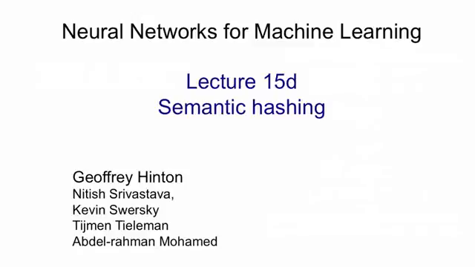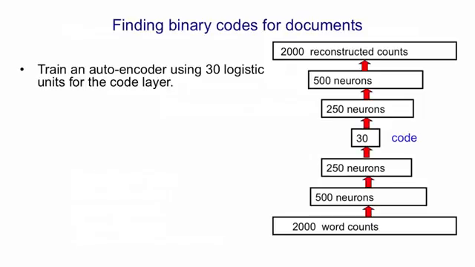We're going to start by looking at the equivalent problem for documents, but then we're going to apply it to images. So consider, instead of getting real valued codes for documents, getting binary codes from the word counts of documents. We do this by training a deep autoencoder that has logistic units in its code layer.